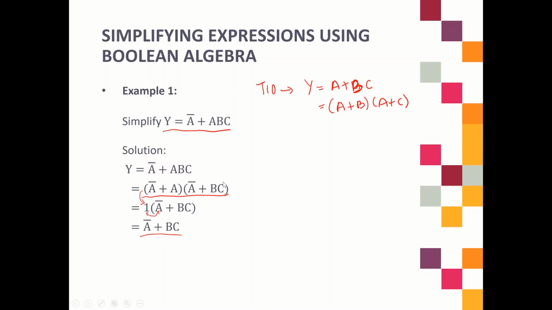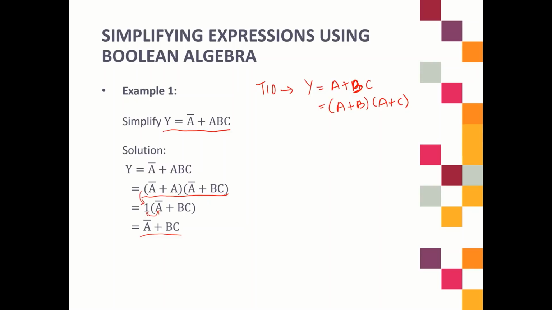So that's it. You don't have to expand for these expressions. Okay, so the most important part for simplifying expressions is that you need to choose the suitable theorems so that the theorems will simplify your expressions.